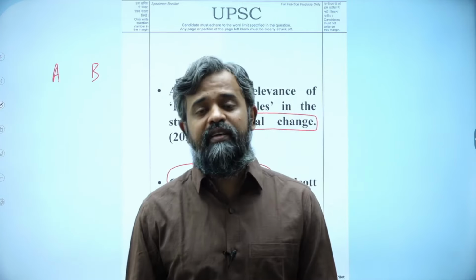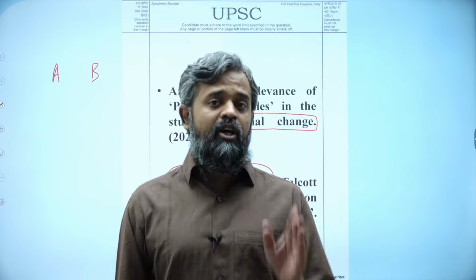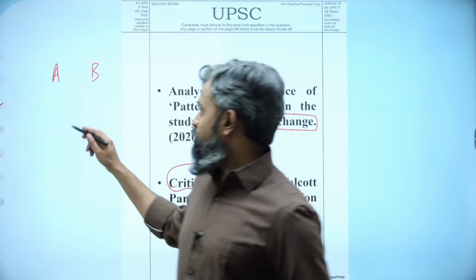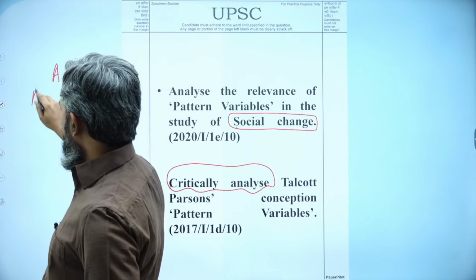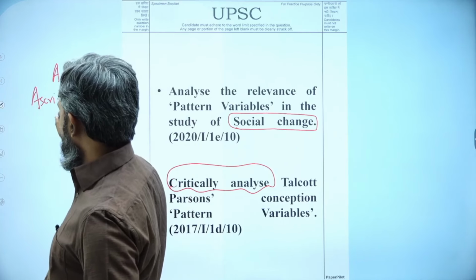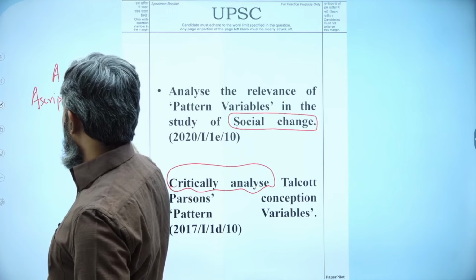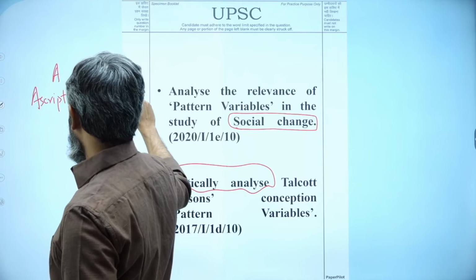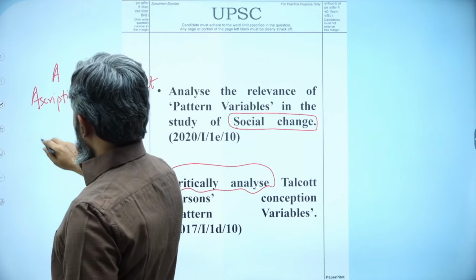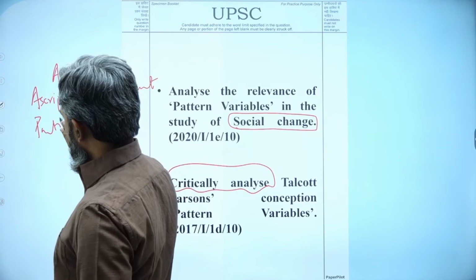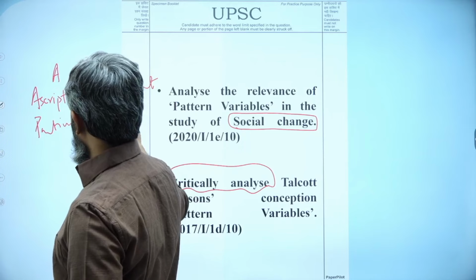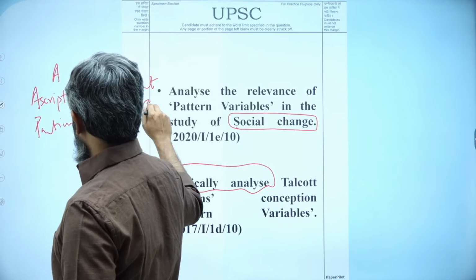Now, remember, whenever we are talking about pattern variable A and B, it is absolutely obligatory to get the sequence right. So if you are talking about A, you have to write ascription here and then achievement. Particular, universal, right?